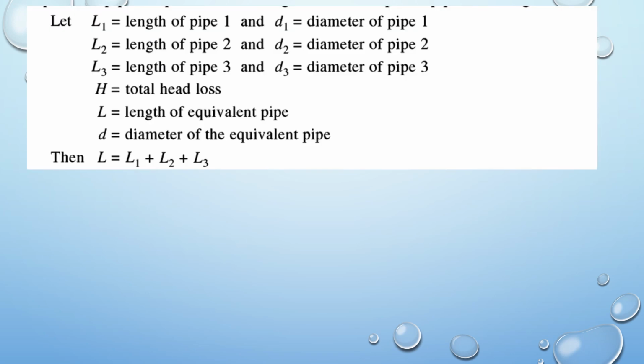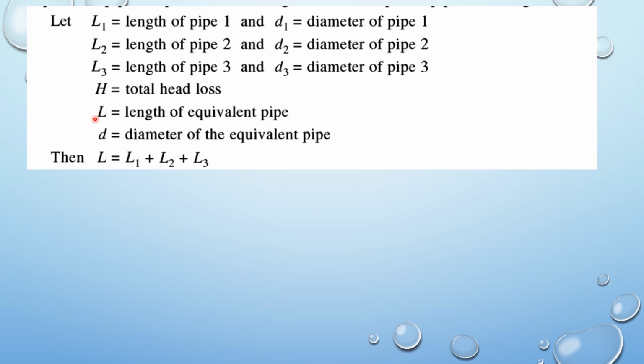To better understand this topic, let us look into this in detail. Let L1 be the length of pipe 1 and D1 be the diameter of pipe 1. Similarly, L2 is the length of pipe 2, L3 the length of pipe 3, and D2 and D3 are the diameters of pipes 2 and 3, and H is the total head loss, and L is the length of the equivalent pipe.